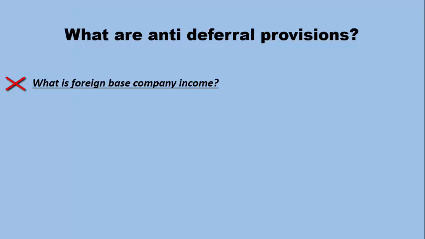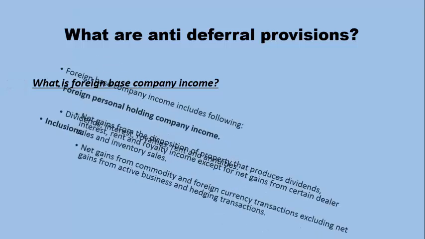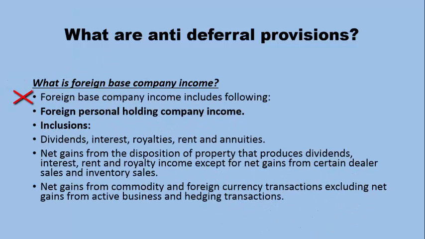What is foreign-based company income? Foreign-based company income includes the following: foreign personal holding company income. And what does it include? It includes dividends, interest, royalties, rent, and annuities.